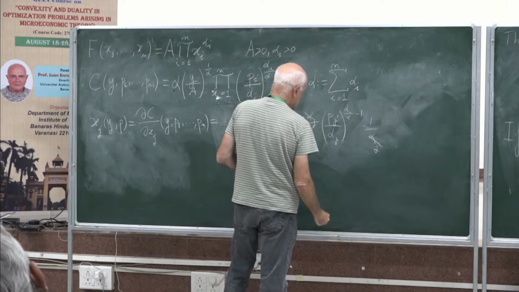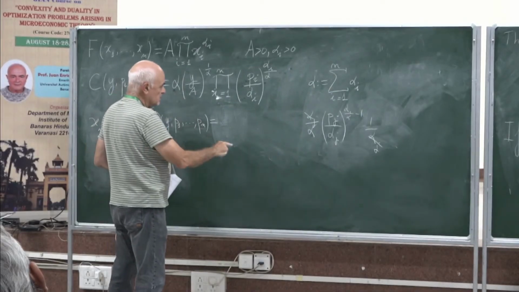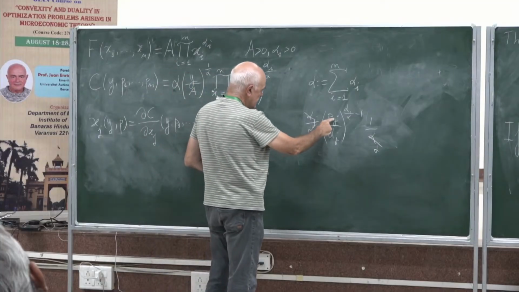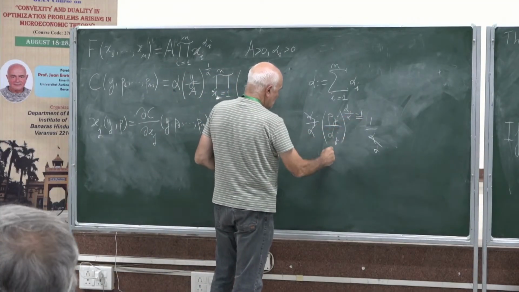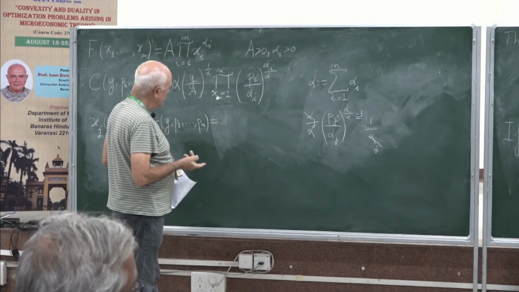This cancels out, and this one will cancel out with this one. But I will still get, because of the minus 1, this dividing, which means multiplying in the opposite ordering.